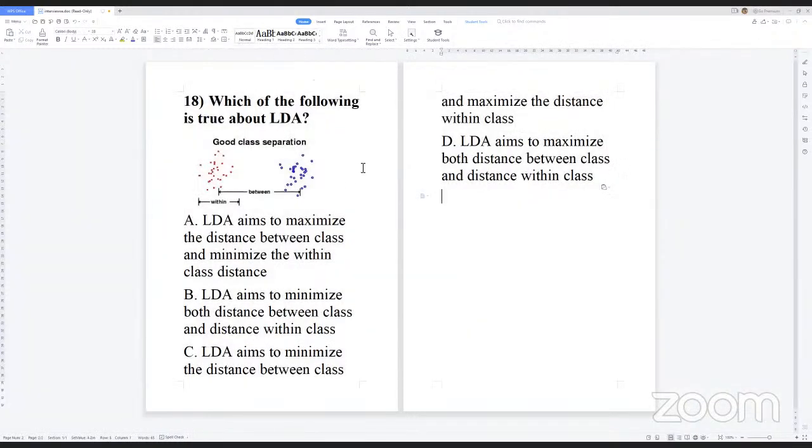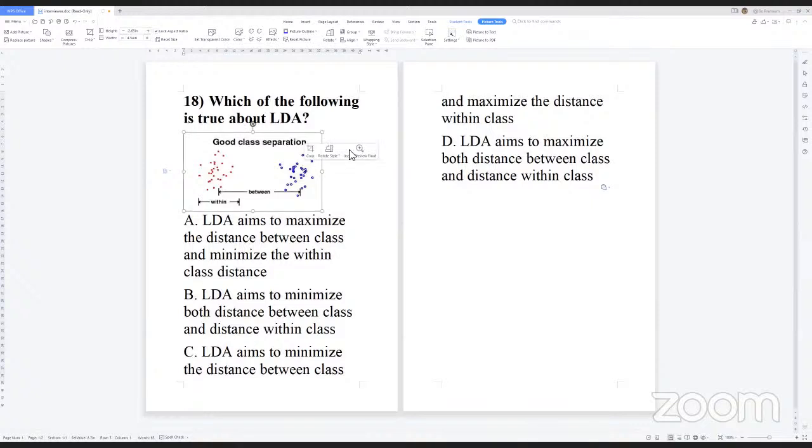So the next question, you can see the image. I have zoomed it. Which of the following is true about LDA? Option A, LDA aims to maximize the distance between class and minimize the class distance within. Option B, LDA aims to minimize both distance between class and distance within class.